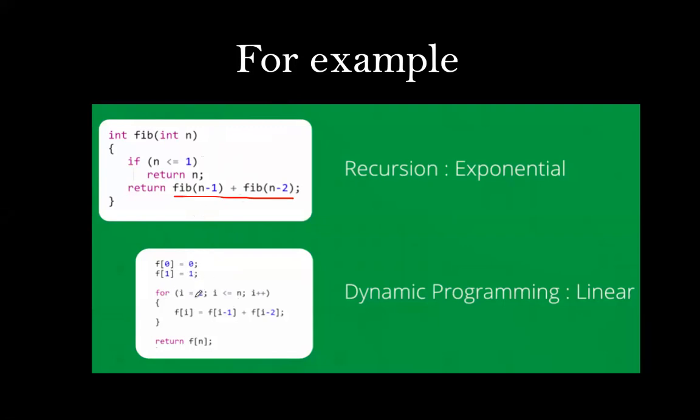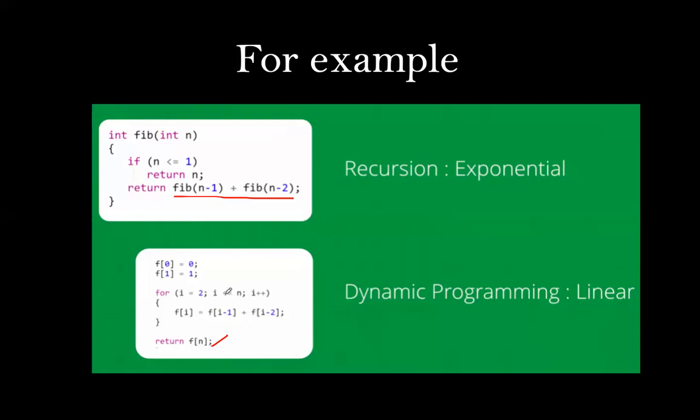Then from 2, we start: i equal to 2, i less than or equal to n, i plus plus. f of i is equal to f of i minus 1 plus f of i minus 2. Return f of n. So this is the recursive Fibonacci series and this is iterative. Here the time complexity will be exponential, whereas if you check the time complexity here, it will become linear. There is no recursive call involved here.